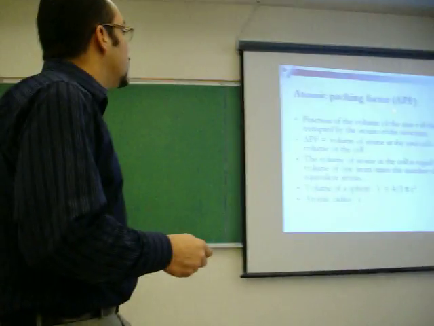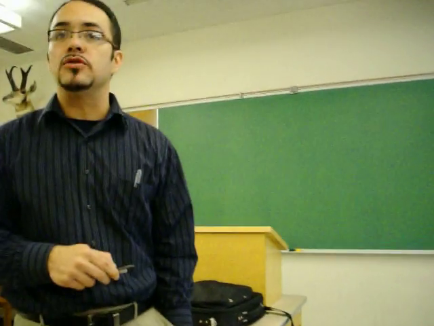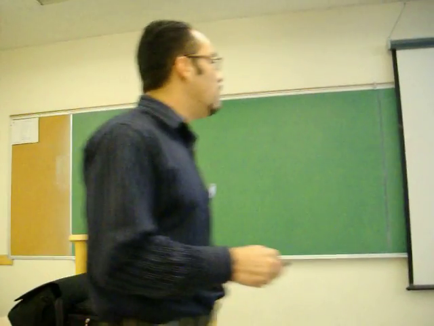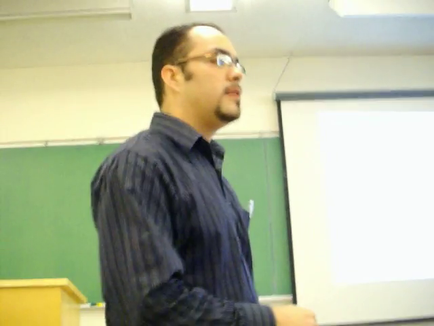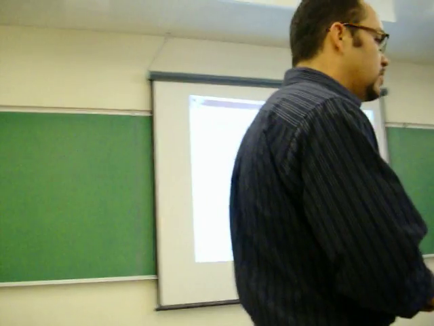Exactly, this is a unit cell. So the atomic packing factor is related with the unit cell. It's basically the volume of atoms in the unit cell divided by the total volume of the cell. And we need a little bit the concept of volume of a sphere that you already know.